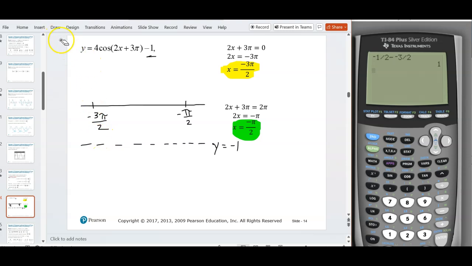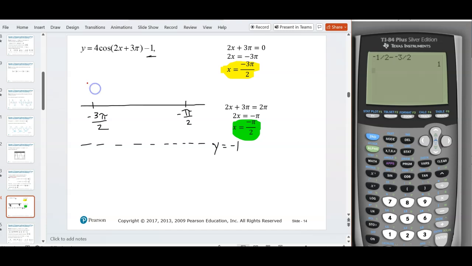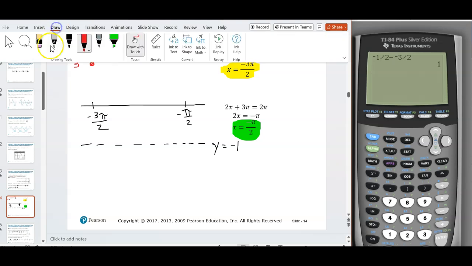The max for regular cosine is 1 unit above the midline of 0, but now because we have a 4 out here, we're going to be 4 units above our midline of -1. So -1 plus 4 is 3. We're going to have a max here at 3. I'm going to put a little dot, and say that height is at 3. That 3 is just 4 minus 1, or -1 plus 4, however you want to think of it.